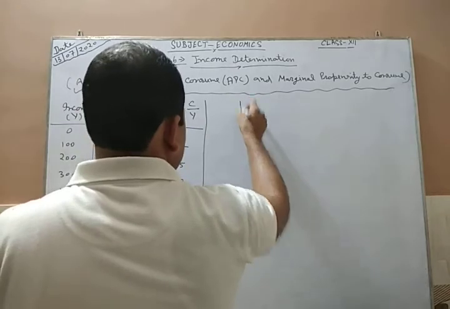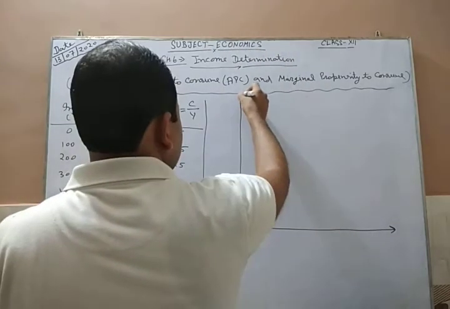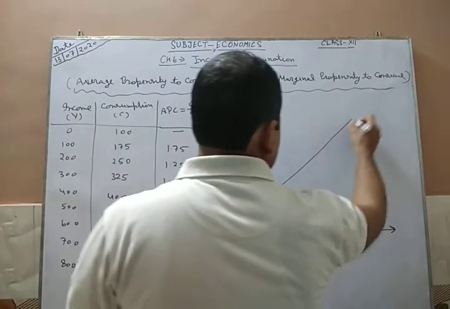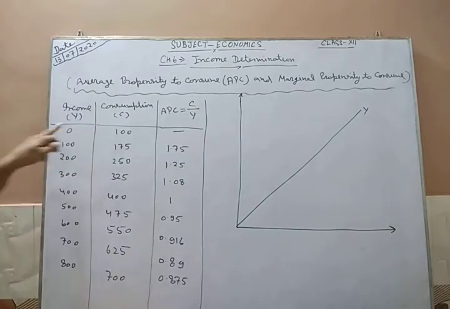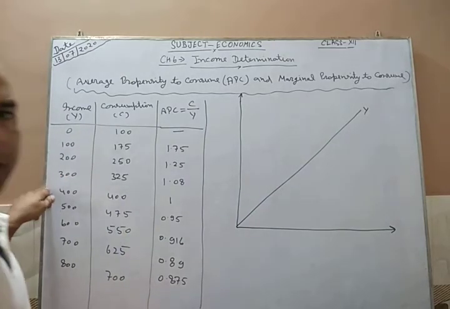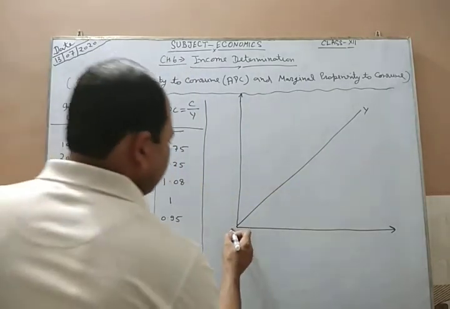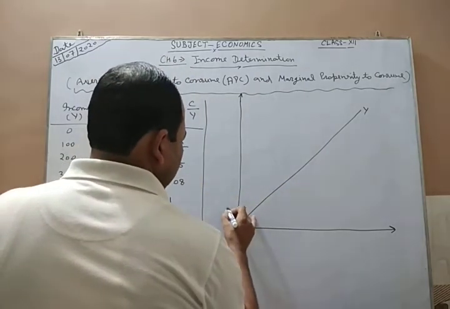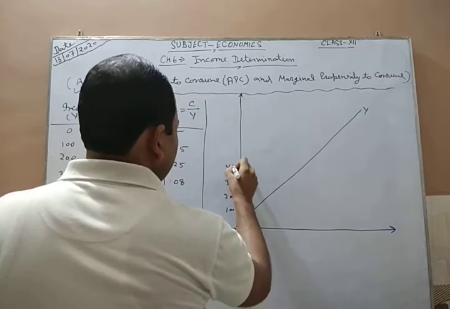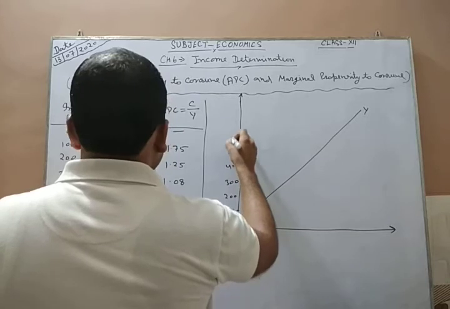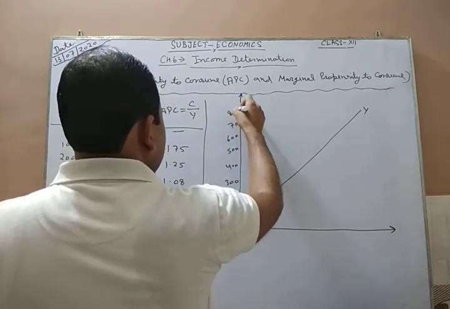This is a new concept. We have to understand these features with the help of a diagram. This is the Y axis, income, which starts from 0, then 100, 200, 300, 400, 500. Then consumption never starts from 0, it will start from 100 because here is 100, 200, 300, 400, 500, 600, 700, 800 and so on.